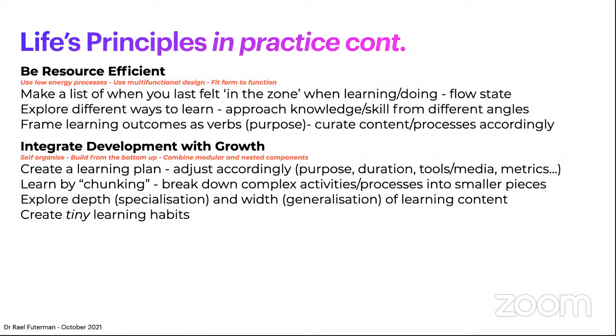Be resource efficient. So use low energy processes, multifunctional design, fit form to function. Function is a core aspect of biomimicry, and it's very much around purpose, and I'll touch on that as well. But a good starting point here is to understand our flow state. Flow state is that space between becoming too stressed or too bored.